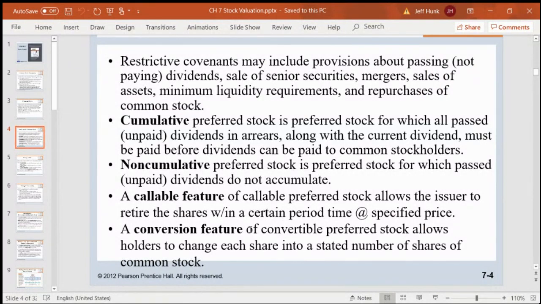So if it is a cumulative preferred stock, they will pay all the accumulated dividends, held in arrears, before they pay the dividend for the current quarter.